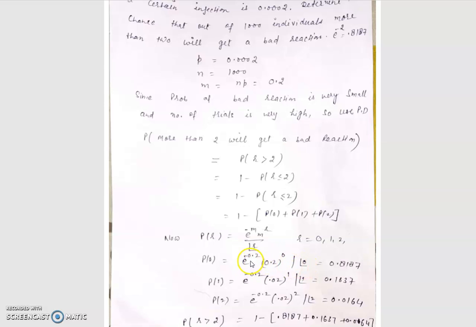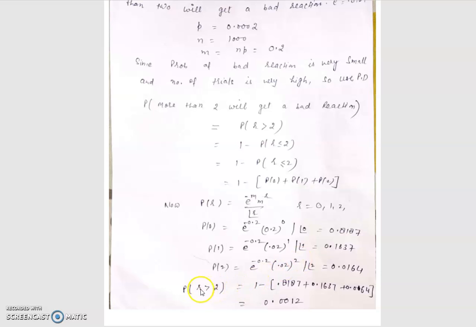The value of e to the power minus 0.2 is 0.8187, so you can find this value very easily. Similarly, you can find the values for r equal to 1 and r equal to 2.